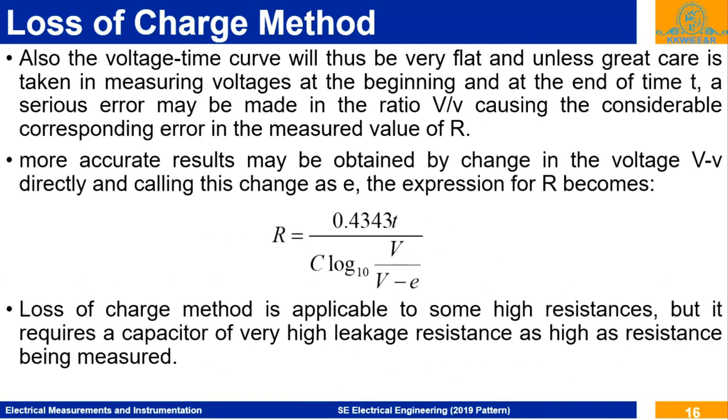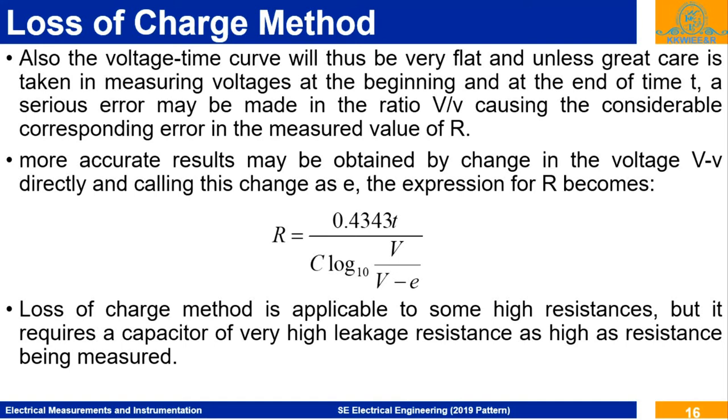Also, the voltage time curve will thus be very flat, and thus serious error may be made in the ratio of V by v, causing considerable corresponding error in the measurement of insulation resistance R. Okay.